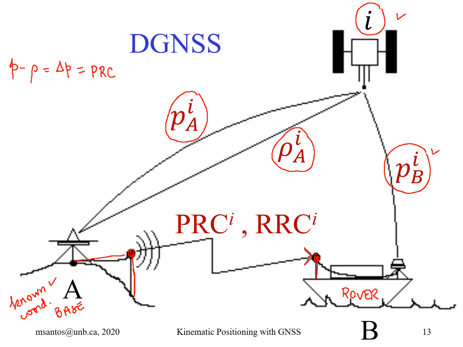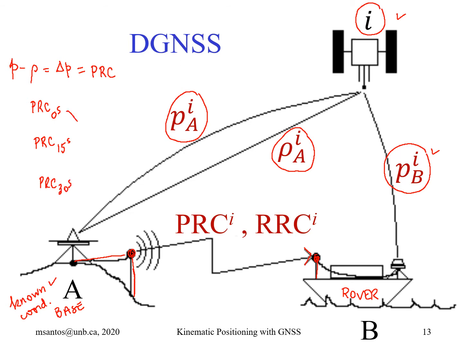Now, if the observation interval is very high, we can do the following. We can compute a pseudo-range correction not for every observation, but say every 15 seconds: PRC at 0 seconds, 15 seconds, 30 seconds.